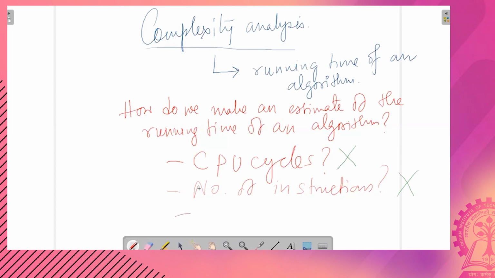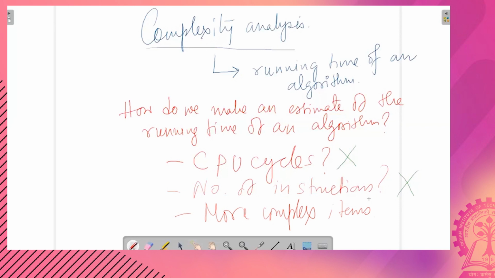There could be many other, more complex items that could be studied, and you can keep on increasing the complexity, but you will see that whatever complex item you assume, there will be some problem or the other.